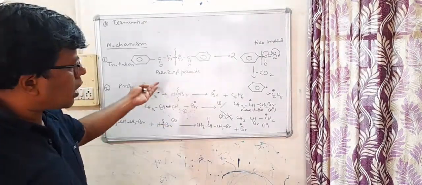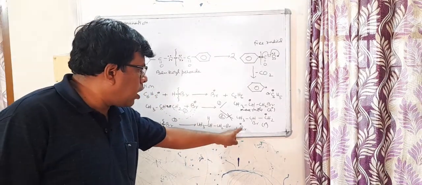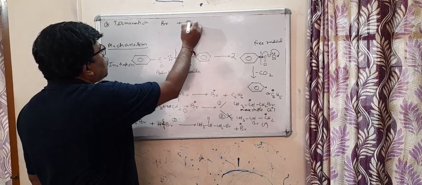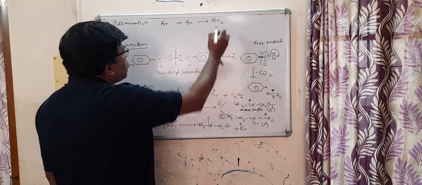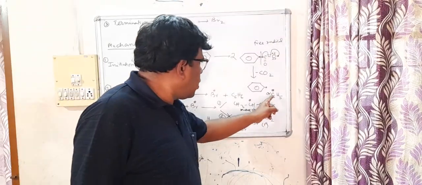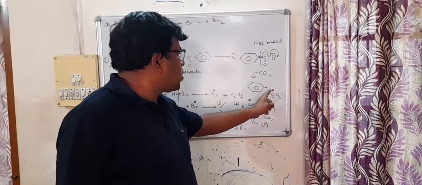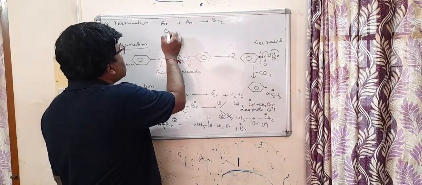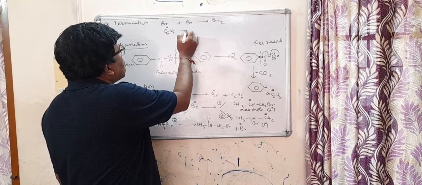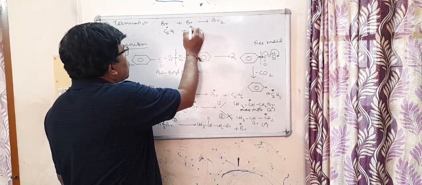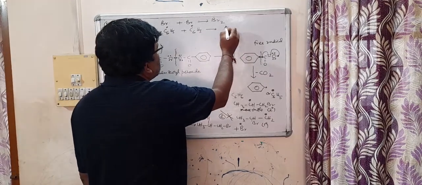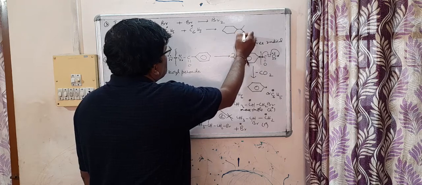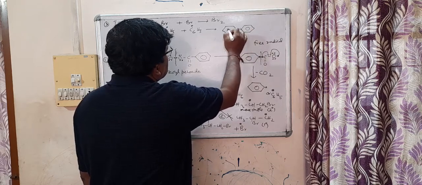The termination that can happen is this Br dot can combine with Br dot to form a Br2 molecule, and this phenyl free radical that is formed can also combine: C6H5 dot can combine with C6H5 dot to form a biphenyl.